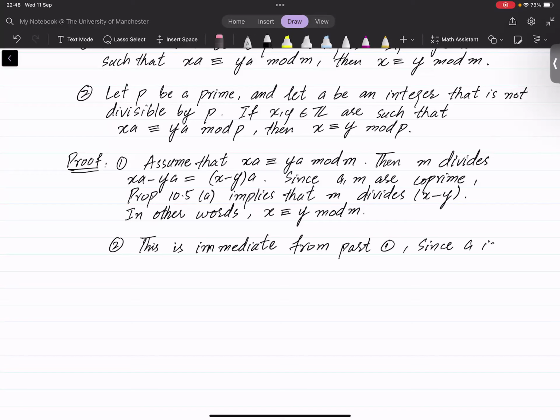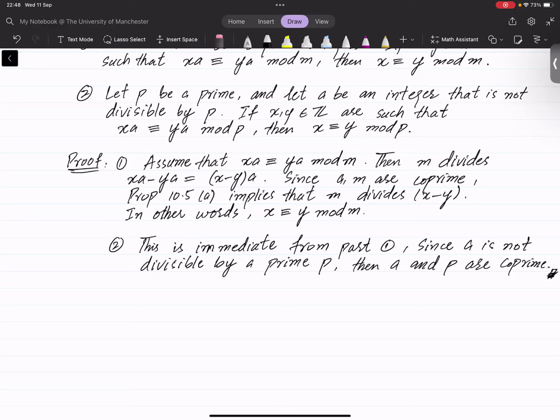Since a is not divisible by the prime p, then a and p are co-prime. And this proves the proposition.